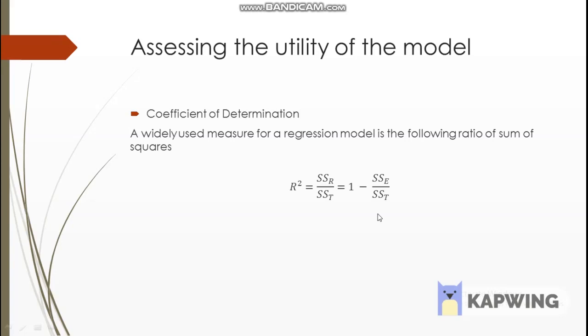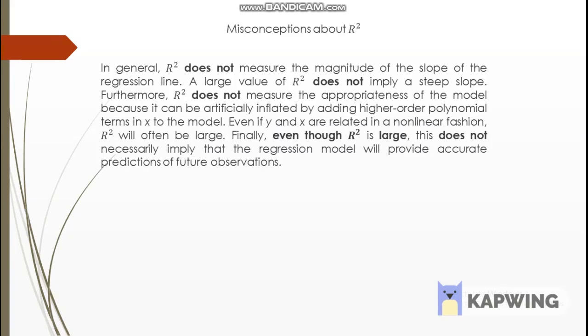The next is about misconceptions about r to the power of 2. In general, r to the power of 2 does not measure the magnitude of the slope of the regression line. A large value of r to the power of 2 does not imply a steep slope. Furthermore, r to the power of 2 does not measure the appropriateness of the model, because it can be artificially inflated by adding higher-order polynomial terms in x to the model.